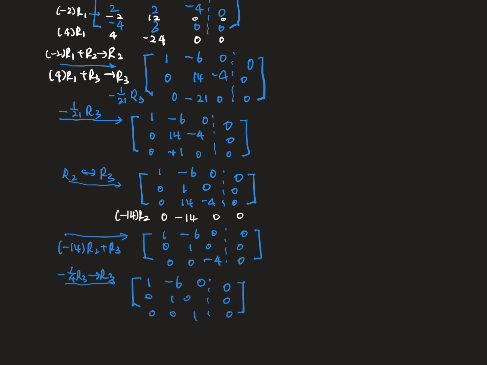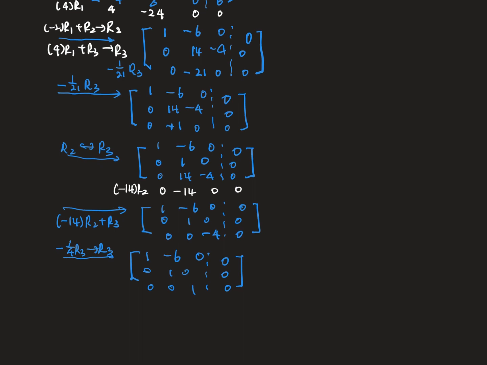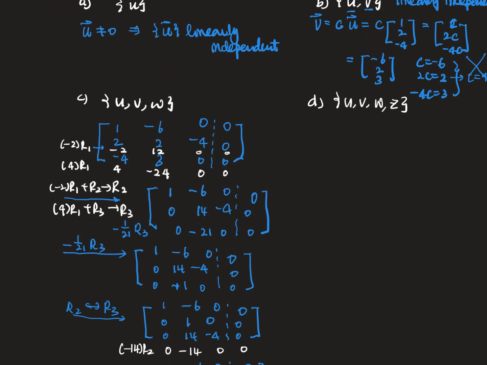There is no free variable, and every column has a pivot, so we conclude u, v, w are linearly independent. Make sense? That's the third part.